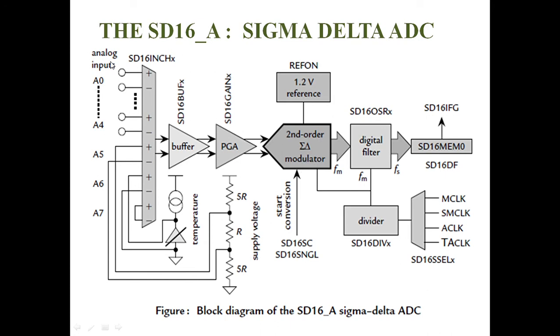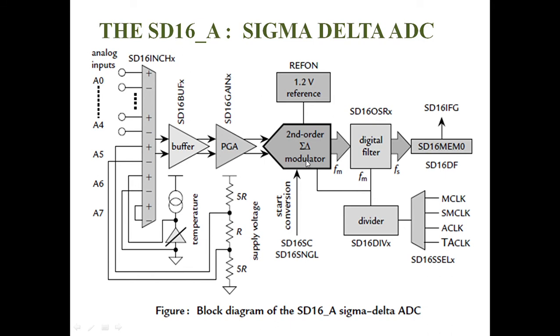So first we are taking any one of the analog inputs, that will be selected by using the channel selector, that is the multiplexer here. Next, that is amplified and given to the gain controller. Here we are amplifying the input signal to match the Sigma Delta input range. Then that is giving to the second order Sigma Delta modulator.